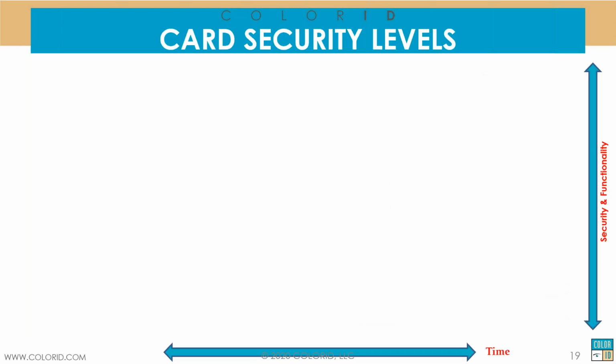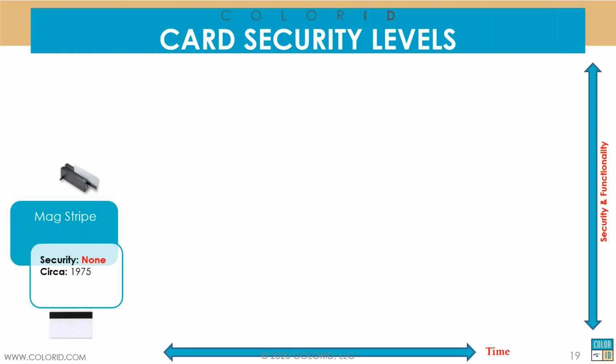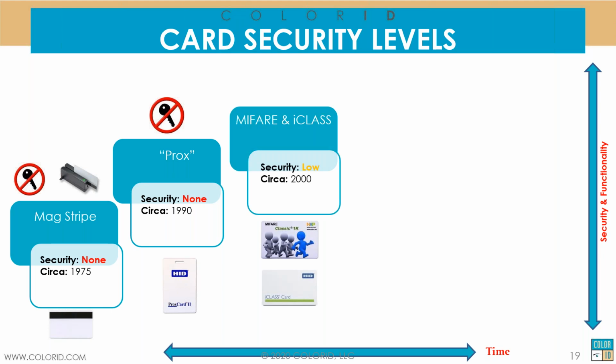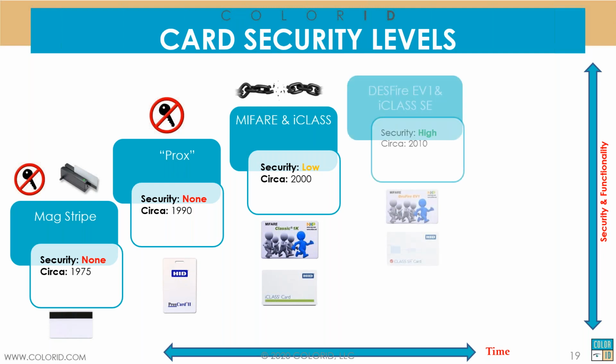So let's review the card security levels, starting with the magstripe, and it had no particular security to speak of. Then PROX was introduced about 15 years later. Again, no real security, other than that at the time, machinery to make PROX was expensive. And then MIFARE and iClass came out in the late 90s, early 2000s, and their security was okay, but both of them got broken.